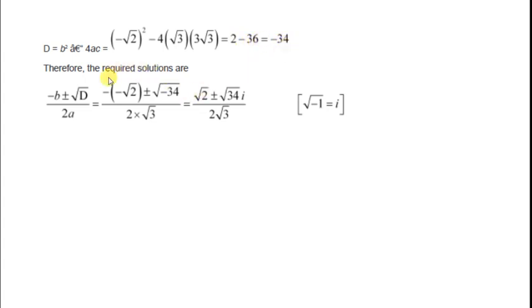So the roots of the equation are minus of minus b, and b is minus root 2, so minus of minus root 2 plus minus root minus 34 divided by 2 root 3, and root minus 1 is i, so it becomes root 2 plus minus root 34 i divided by 2 root 3.